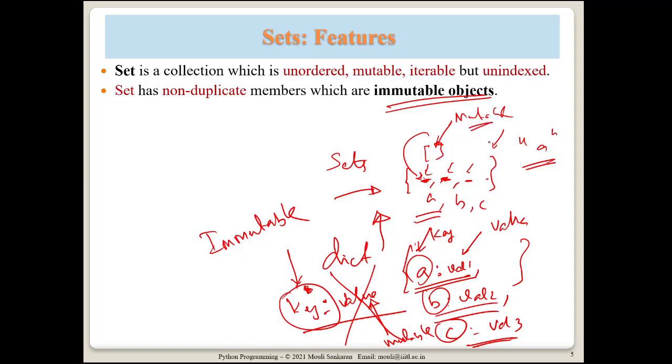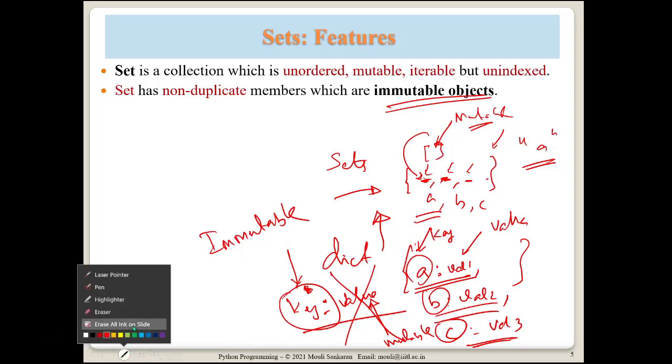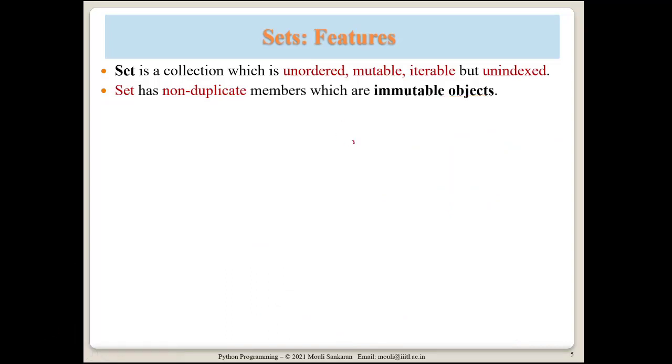Now I told you that in a dictionary we knock off the values which are mutable and take out only the keys which are immutable, and then we get a set. And these sets are nothing but a sequence of unordered immutable objects. Now why do we want the sets to have immutable objects? Let us see that.